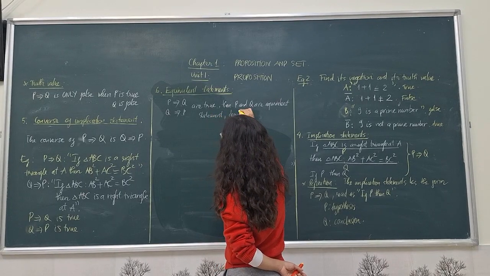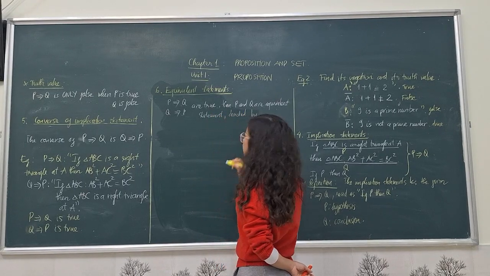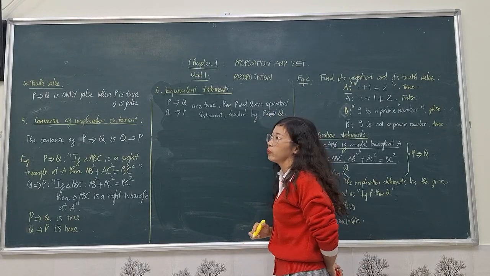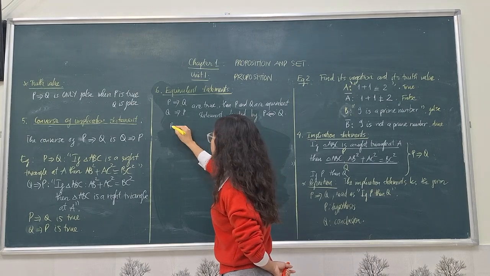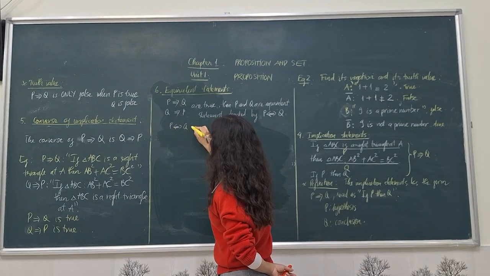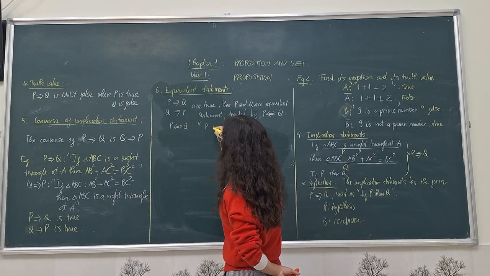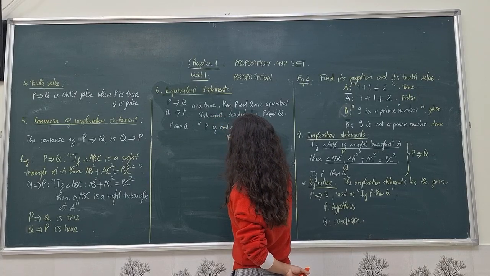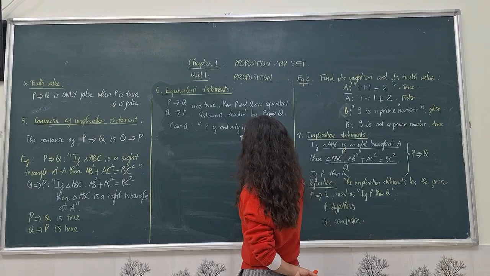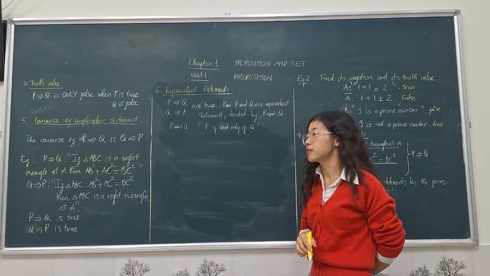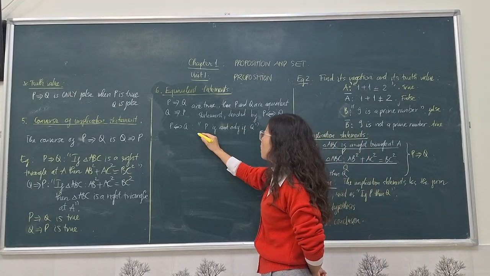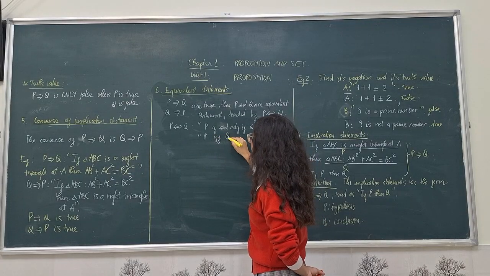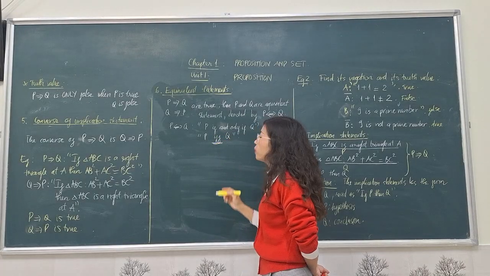So we denote it by the notation P if and only if Q, and we read that as P if and only if Q. Or sometimes you can see someone write it very quickly like this with double F.